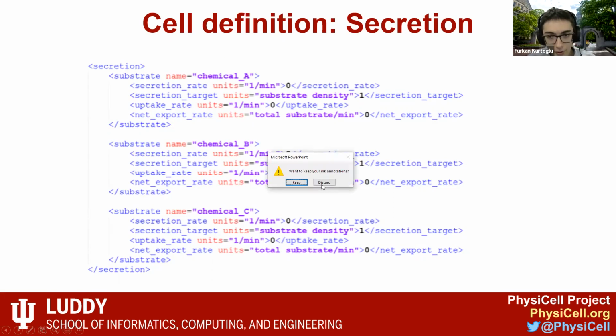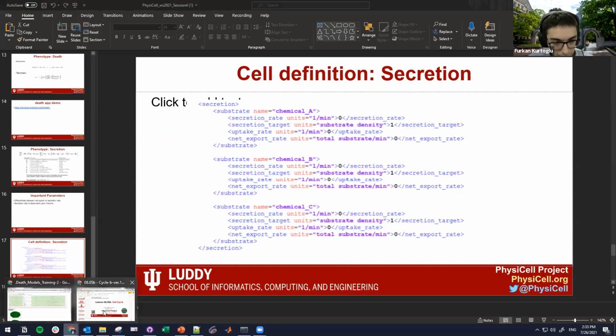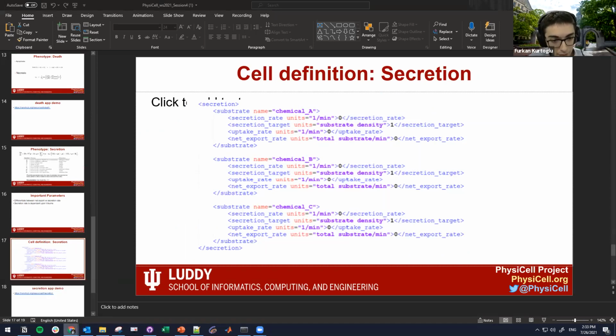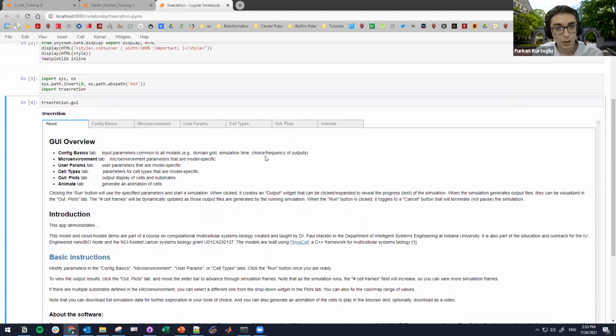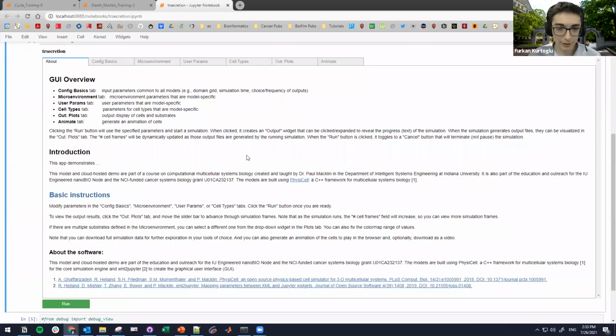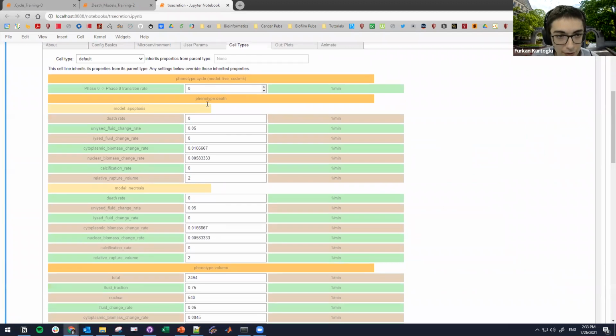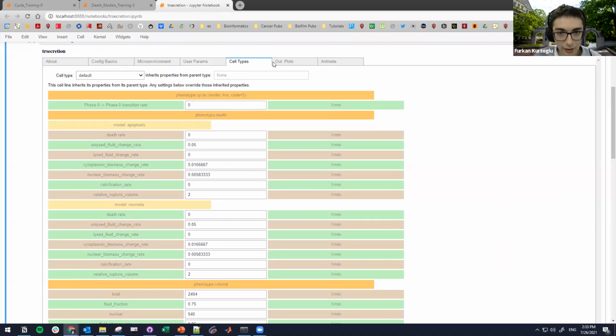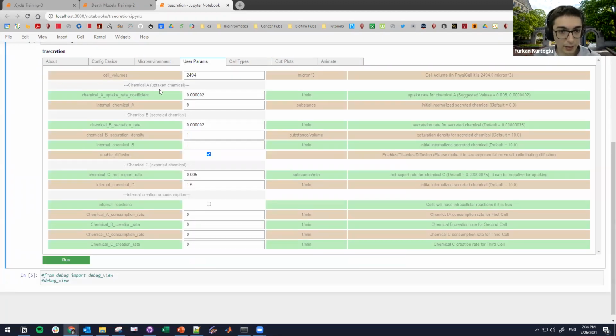So let's go to the application. In this application, there are 3 types of cell. The first type of cell uptakes the chemical A. The second cell secretes the chemical B, and the third secretes the chemical C, but it's using the export rates.